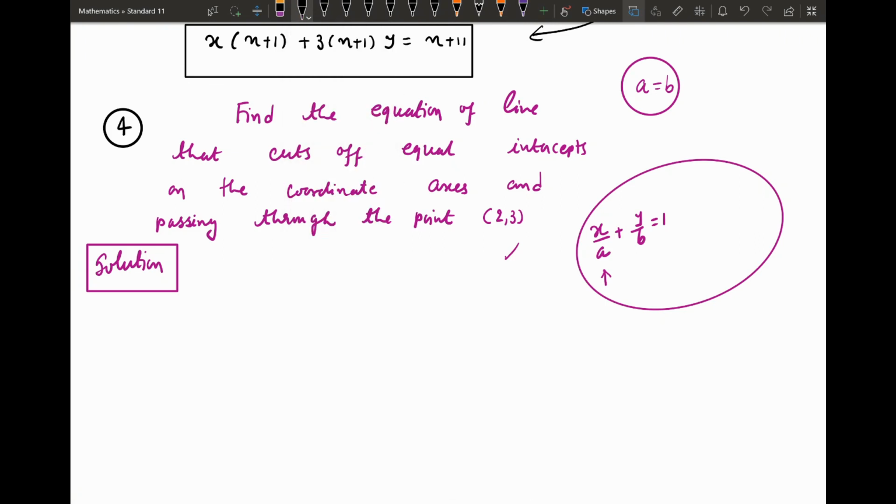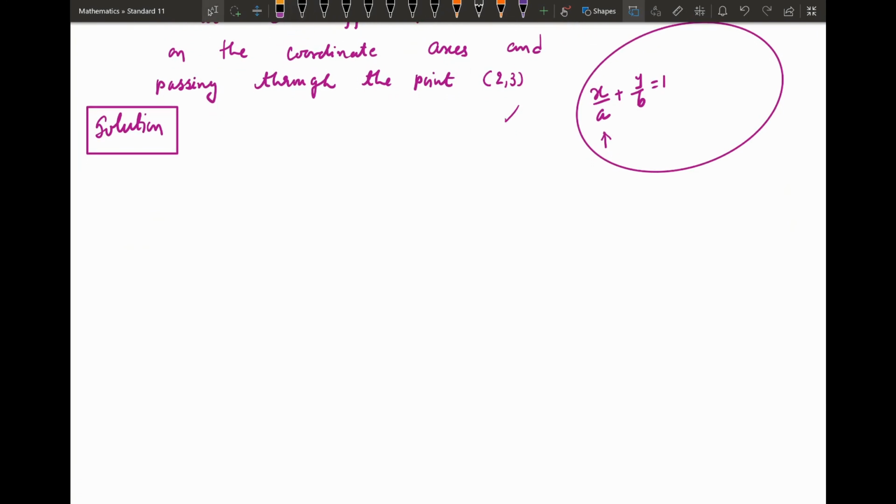So the equation in intercept form is x by a plus y by b equal to 1. Now we have to find values for a and b.